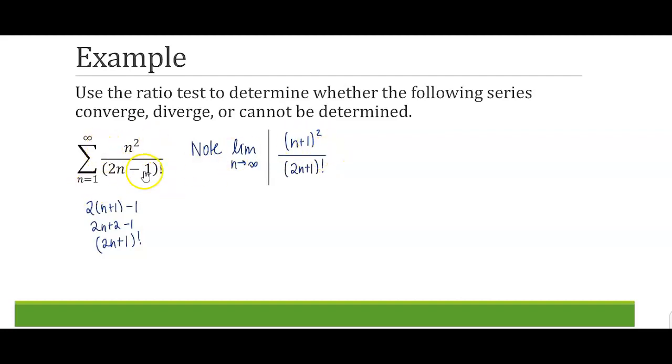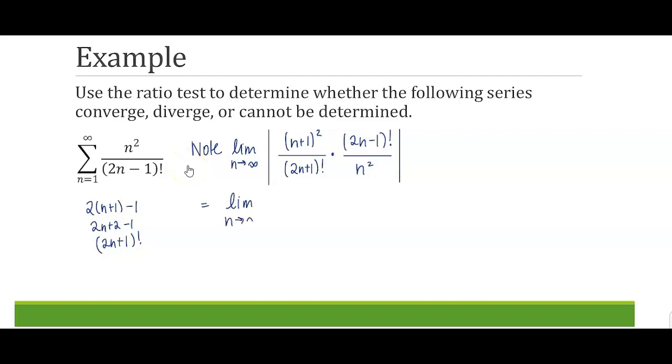And then, instead of dividing by a sub n, we'll once again multiply by the reciprocal. So 2n minus 1 factorial over n squared. Evaluating this limit, it doesn't really matter, but I'm going to switch the numerators. So I'm going to use the commutative property.